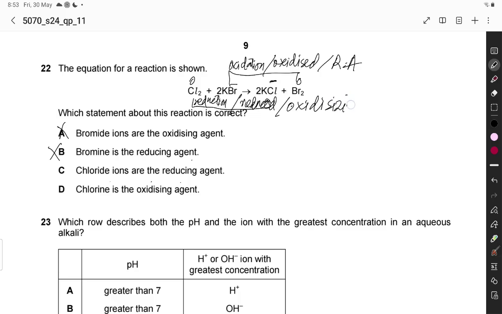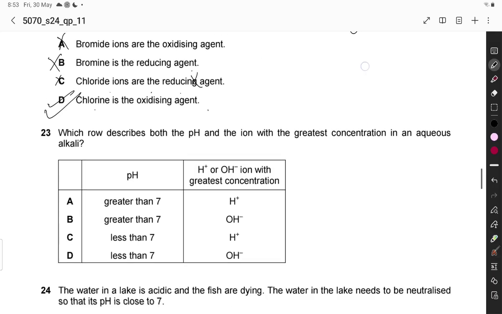So this option is correct. This is not reducing agent. Chlorine is oxidizing agent. This is correct option, because chlorine after gaining electron with decrease in oxidation number from 0 to -1 is going to reduce, acting as an oxidizing agent.